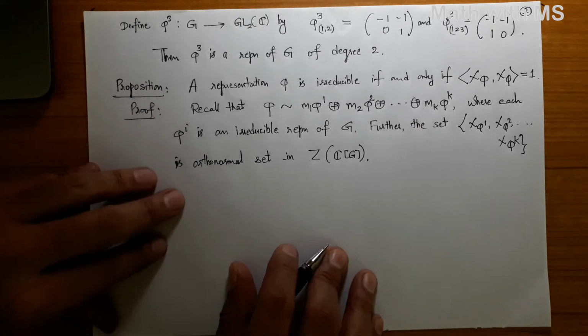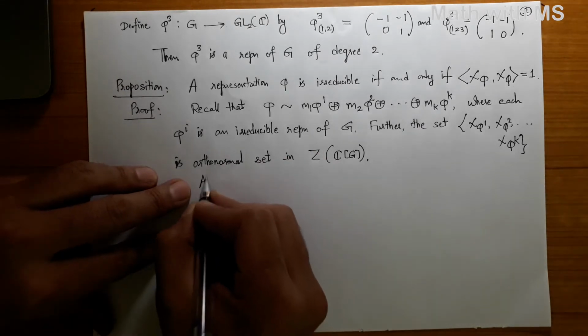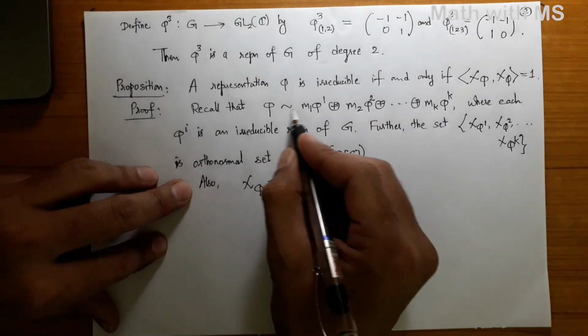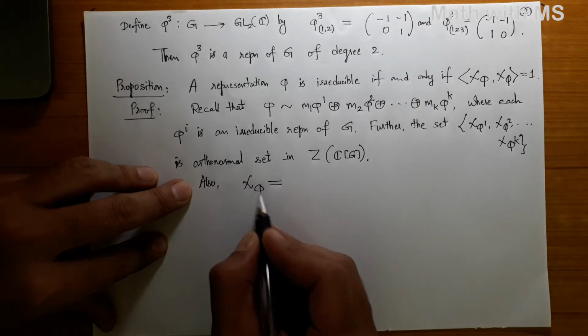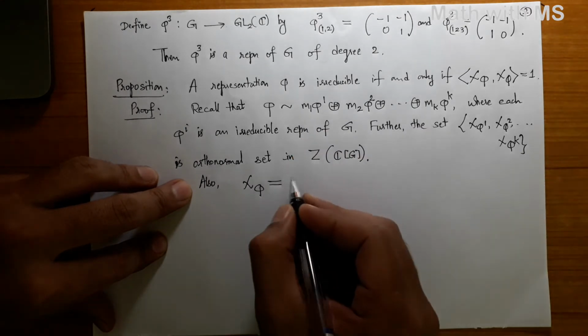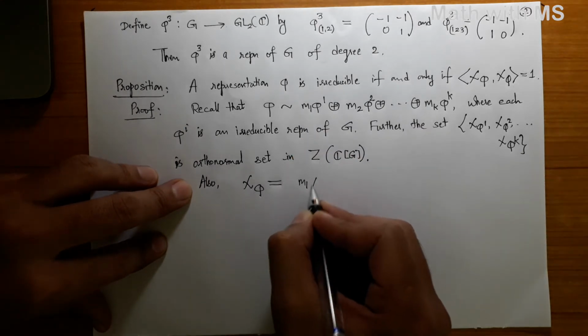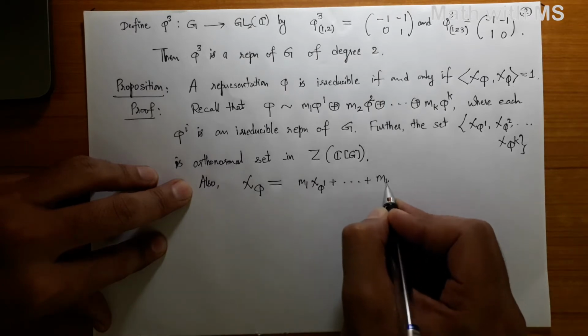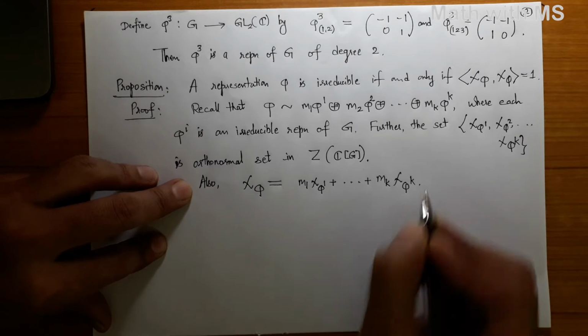Alright, and also the character of phi is the same as, because equivalent representations have the same character, the sum of the characters of these. It can be written as m1 times chi of phi 1 plus so on, mk times chi of phi k.